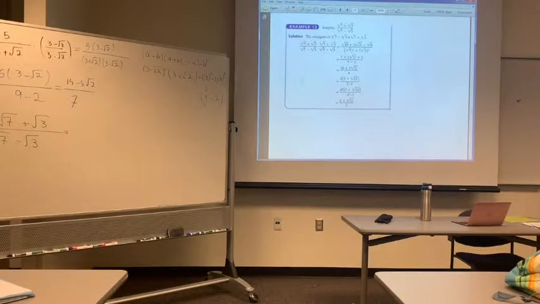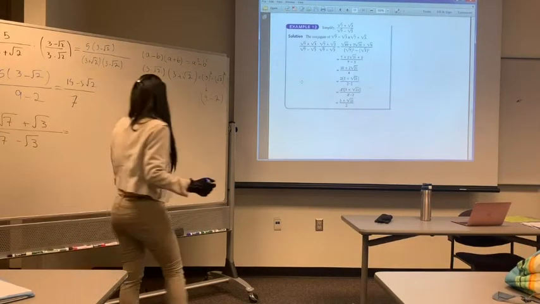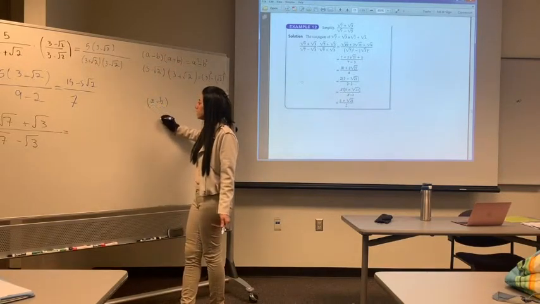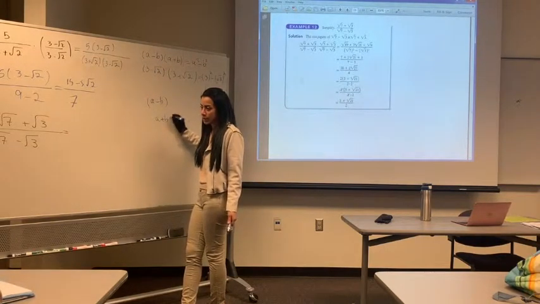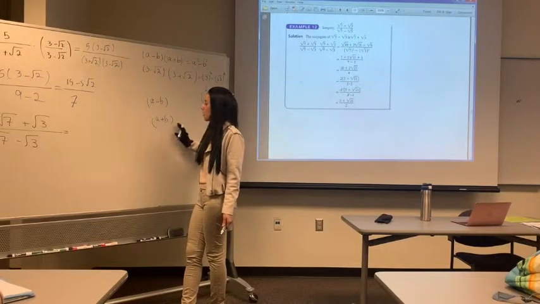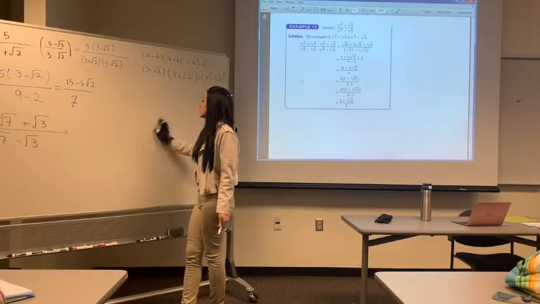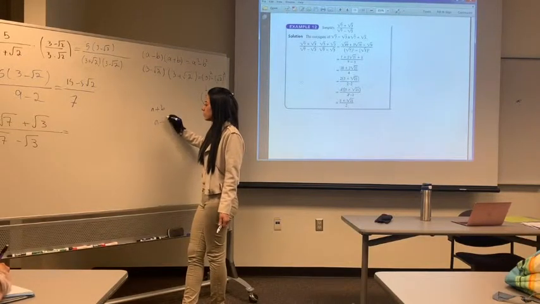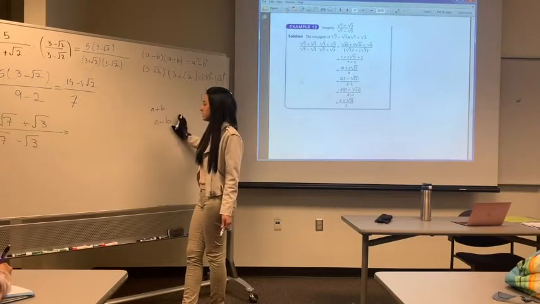Correct? So you know the conjugate of, for example, a minus b is a plus b. Conjugate of a plus b is a minus b. So the sign is different.